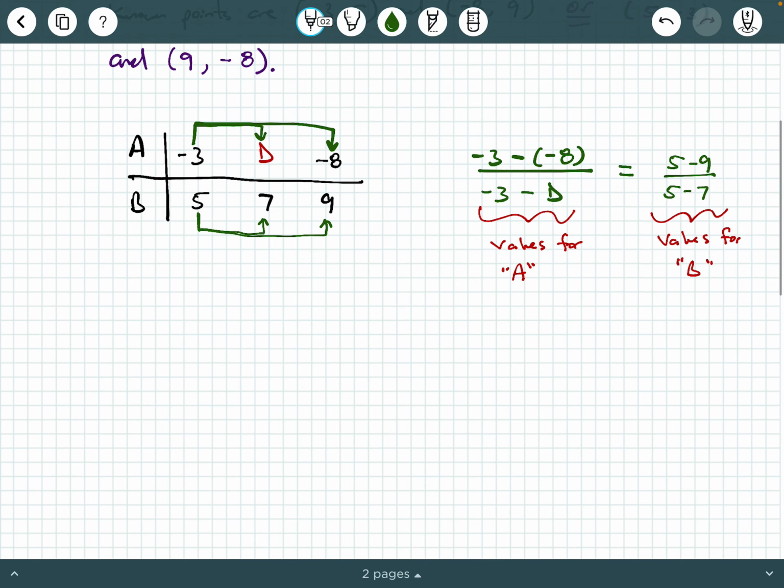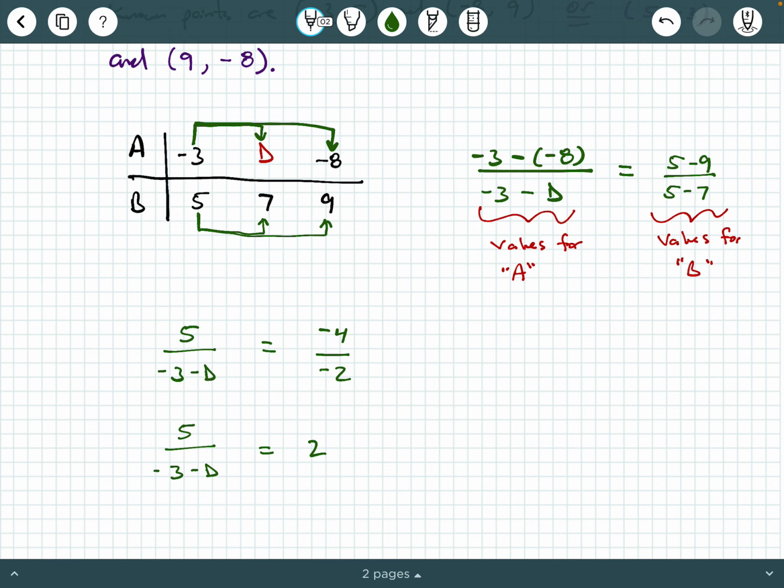So now it's basic arithmetic or basic algebra. So the left side of the equation, you end up with 5 divided by -3 minus D equals -4 divided by -2. And then, of course, this kind of reduces down some. You can say 5 over -3 minus D. I'm going to do a little bit of intermediate algebra steps here to help everyone out. So that equals 2.